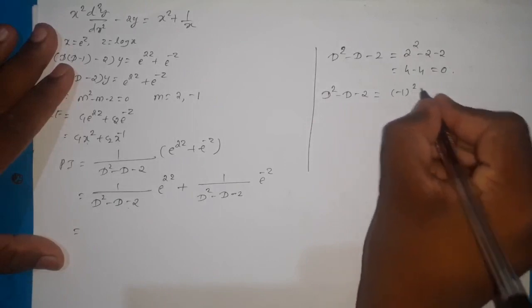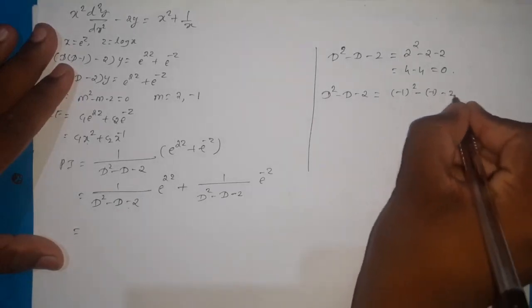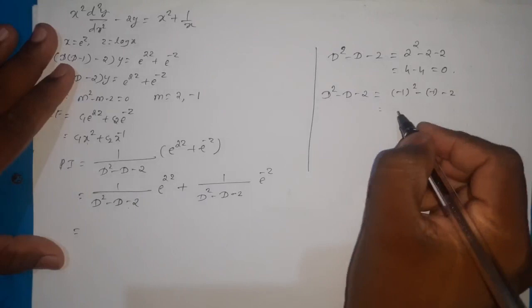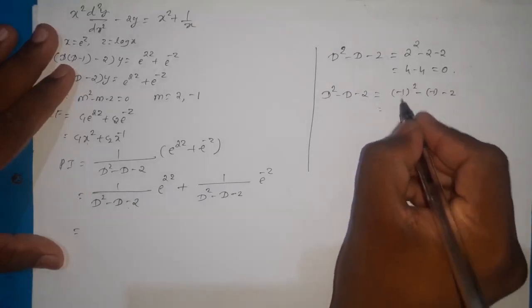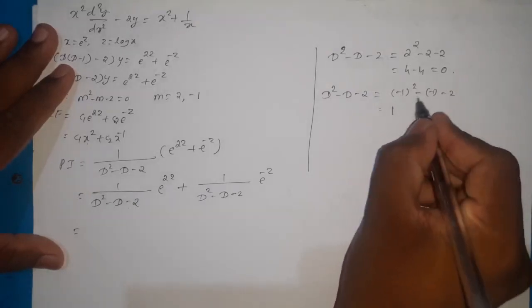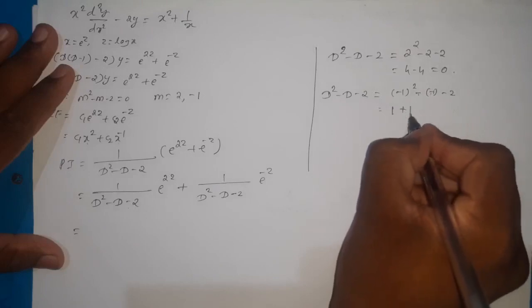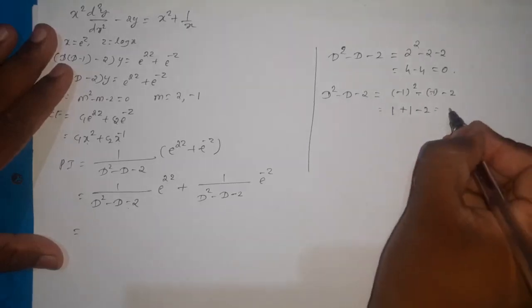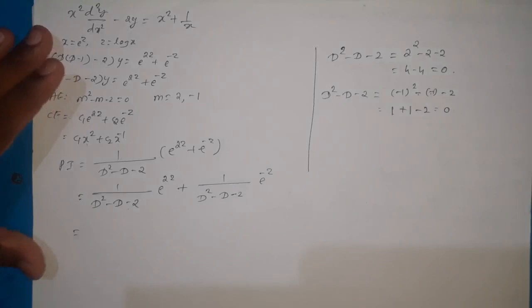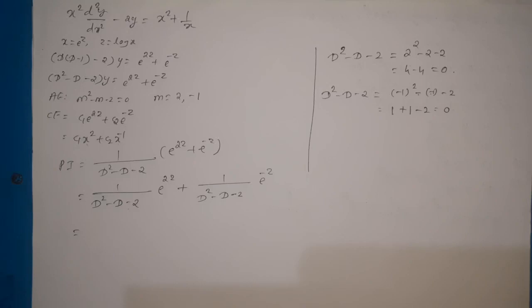So minus 1 whole square minus of minus 1 minus 2, right? Then here this is 1, then minus of minus becomes plus 1 minus 2. This is 2 minus 2, which is equal to 0. Means for both the functions the denominator is 0, then we need to differentiate the denominator.